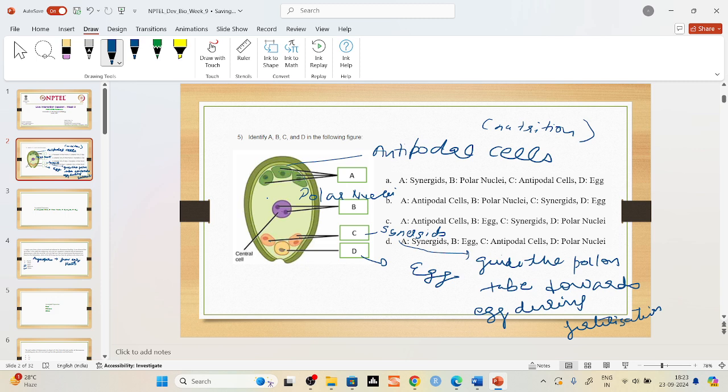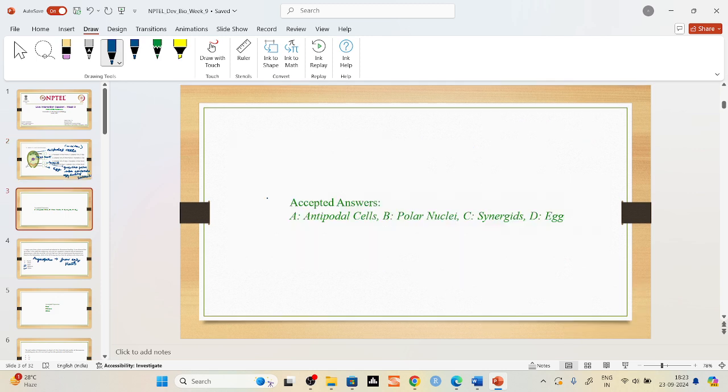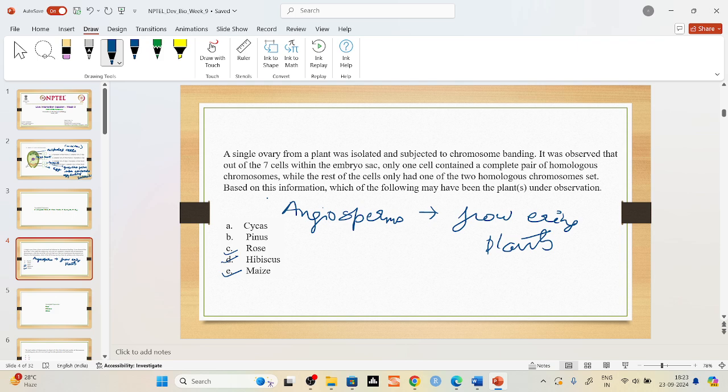Out of these cells, all are haploid. Your antipodal cells are haploid, your synergids are haploid, and your egg is haploid. Only the central cell has two nuclei and is diploid. This kind of arrangement is present only in flowering plants, known as angiosperms. So rose, hibiscus and maize are angiosperms.